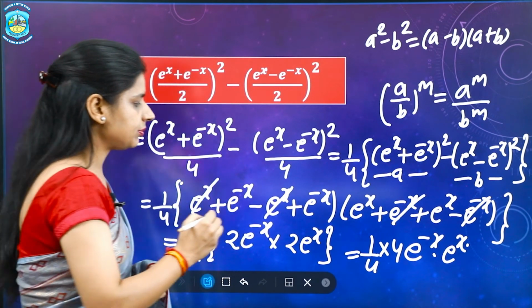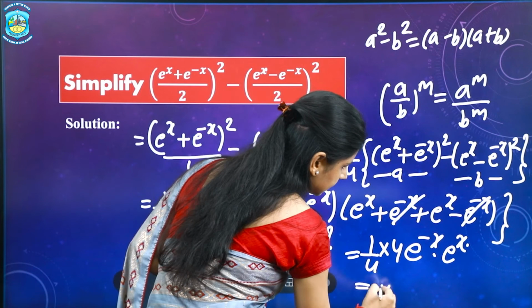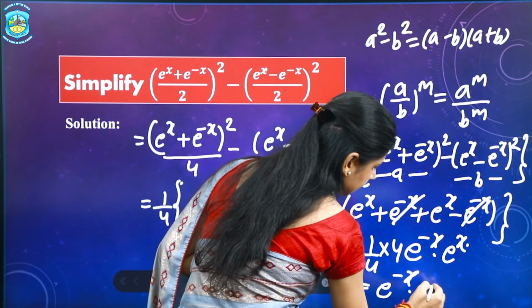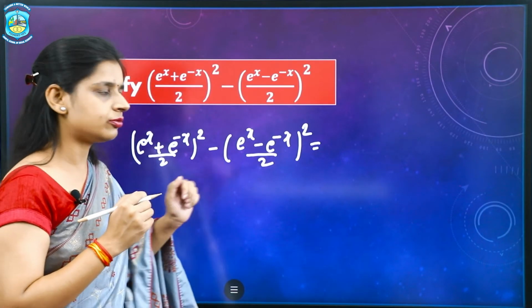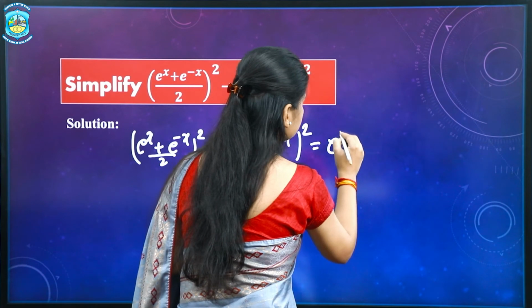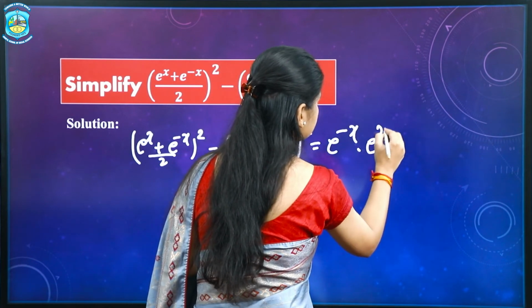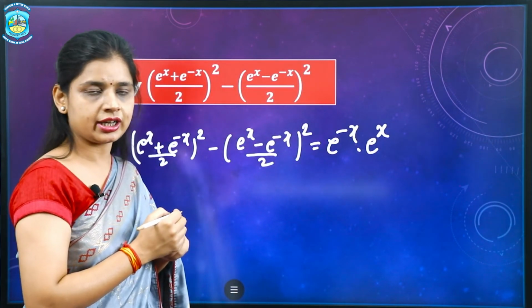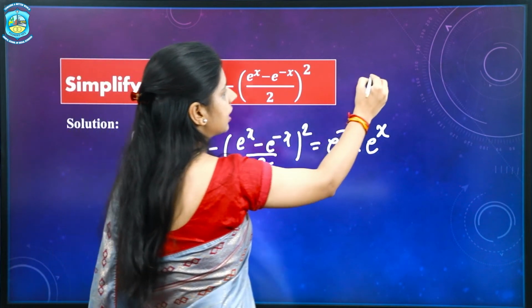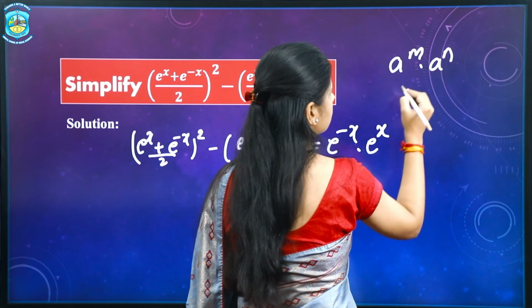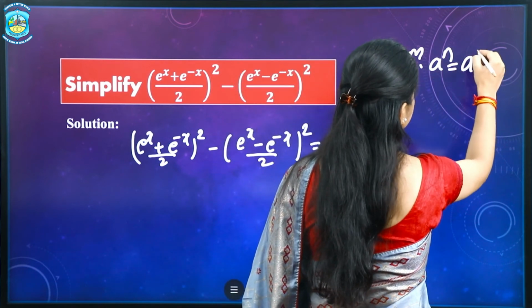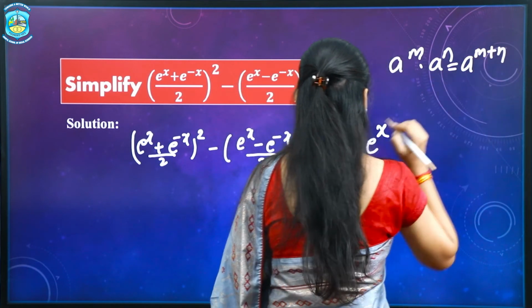On further simplifying, we will get e^(-x) multiplied with e^x. Thus, we have found the value of this expression is e^(-x) multiplied with e^x. Now, we will apply the formula a^m multiplied with a^n is a^(m+n).